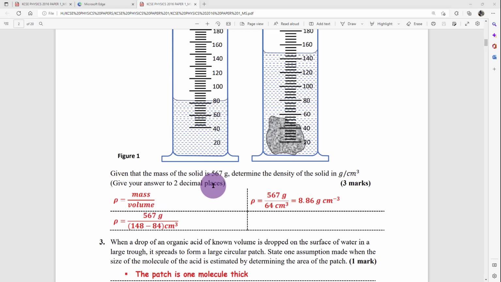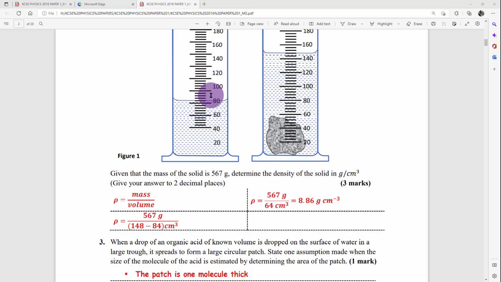To get the volume of this irregularly shaped solid, we need to read the first volume before we immerse the solid, and we subtract that from the second volume after we have immersed the solid. When you are reading the scale of a measuring cylinder, it is important to determine the volume represented by one division on the scale.